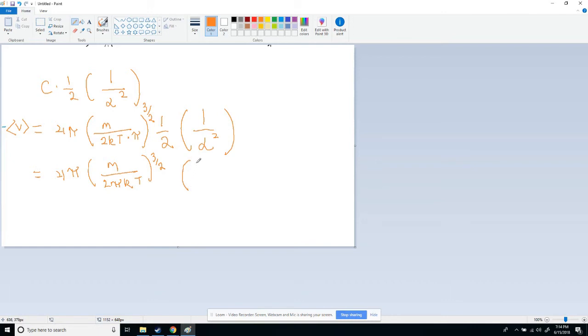Then we're going to have a 4 kt squared over 2 m squared, because the 2 came from here. Alright, so now we're going to clean this up as well as we can.